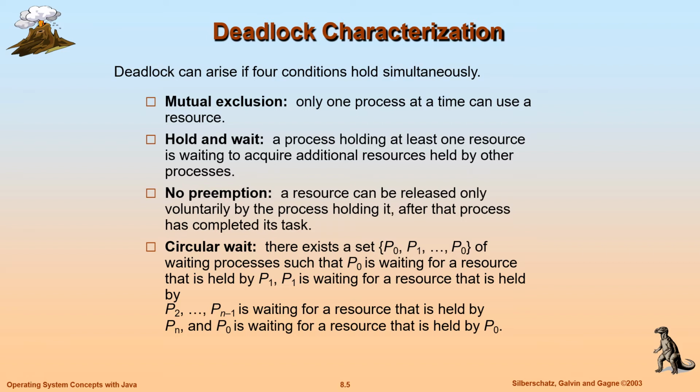Pn-1 is waiting for a resource held by Pn, and Pn is waiting for a resource held by P0. See that we are forming a circle. Each one is holding and waiting for another. If all these conditions happen simultaneously, then we can say deadlock has arisen in the system.